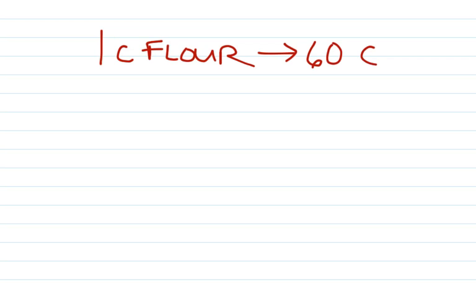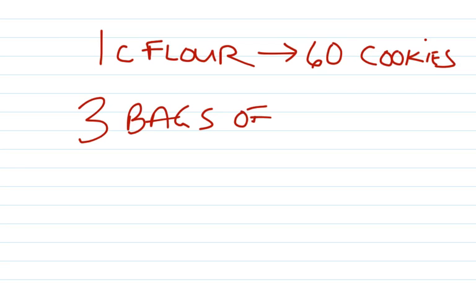Think about it this way. If you have a recipe that says you need 1 cup of flour plus a whole bunch of other stuff that we're not going to worry about right now, but 1 cup of flour will end up making 60 cookies. Okay? If I told you that you had 3 bags of flour, you can't immediately tell me how many cookies you're going to make.